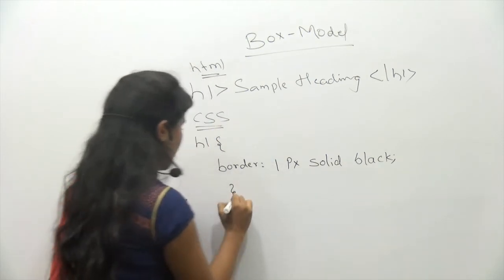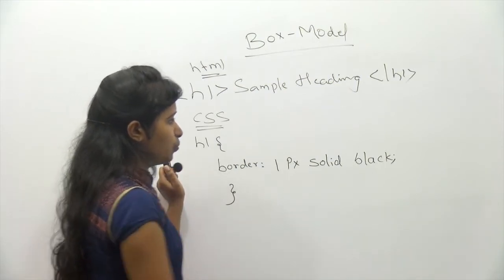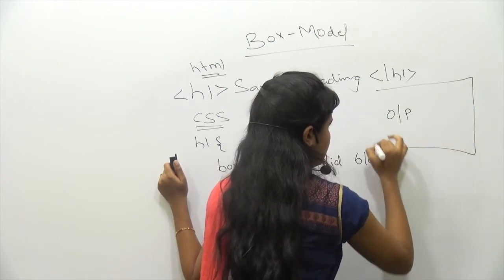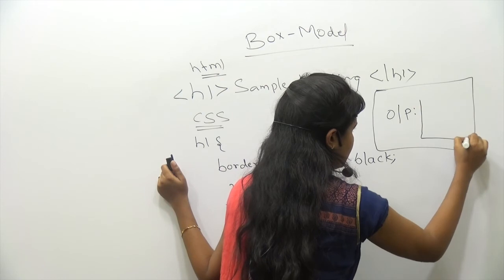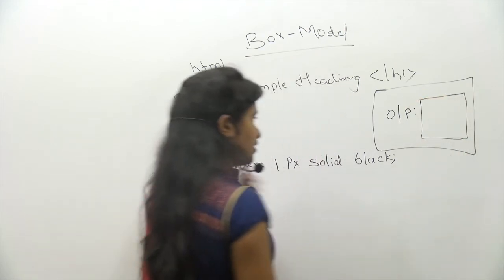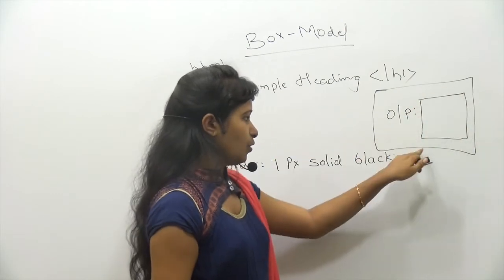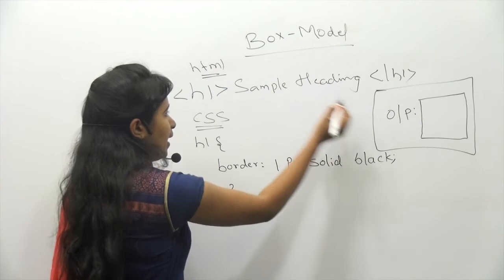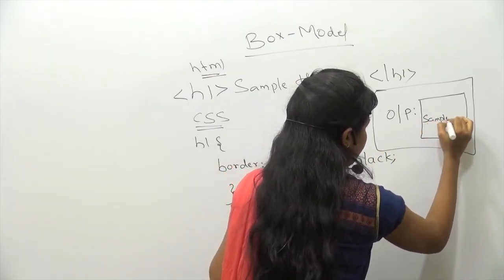This is the border I am giving over here. Okay, that means how will my output look. See my output. Let us suppose this is 1 pixel thickness, in solid format, and in black color, with the sample heading here.